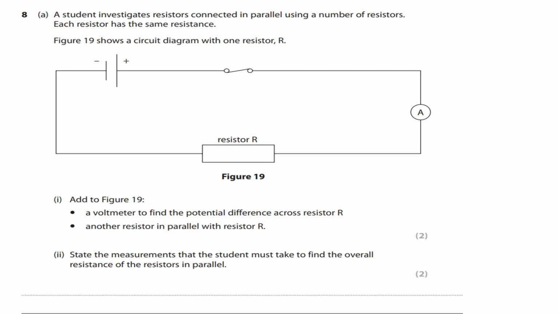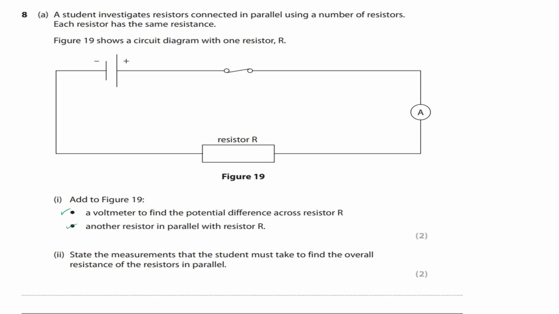The first thing you have to do is add to figure 19 a voltmeter to find the potential difference across resistor R, and second, add another resistor in parallel with the resistor R. You should always expect questions like this under electric circuits. There will always be a question where you are asked to add certain things to a particular diagram. It could be add a voltmeter, add a resistor. Such questions always come out in examinations.